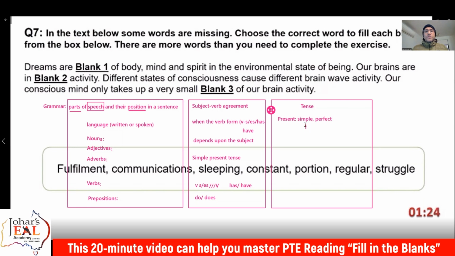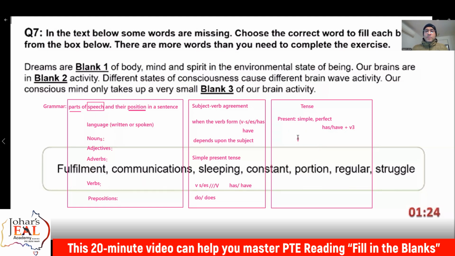Present perfect is has or have plus the third form, V3. This is more widely used. Simple present is used a lot in English.